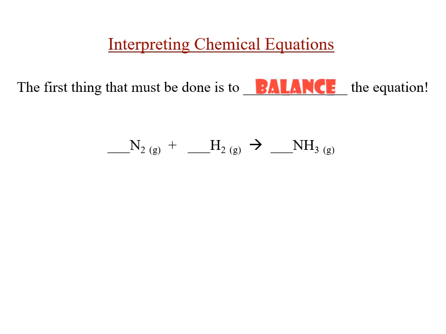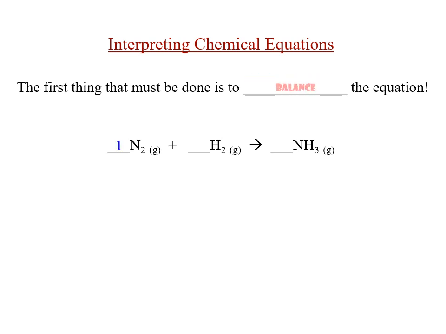Because the balancing, remember, counts all the atoms and makes sure that we follow the law of conservation of mass. What does that law say? You can probably quote it right now in front of your laptop. Mass is neither created nor destroyed during a chemical reaction. It is conserved. So that's what a balanced equation is going to show us.